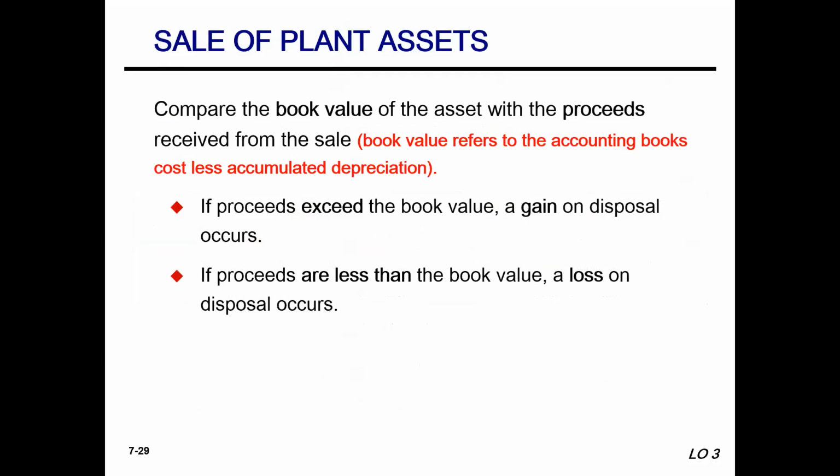So a rule of thumb, book value. Let's start with the easy part. If I sell an asset for an amount equal to book value, let's use this example: cost of the asset was 100, accumulated depreciation is 50. I now have a book value of 50,000.